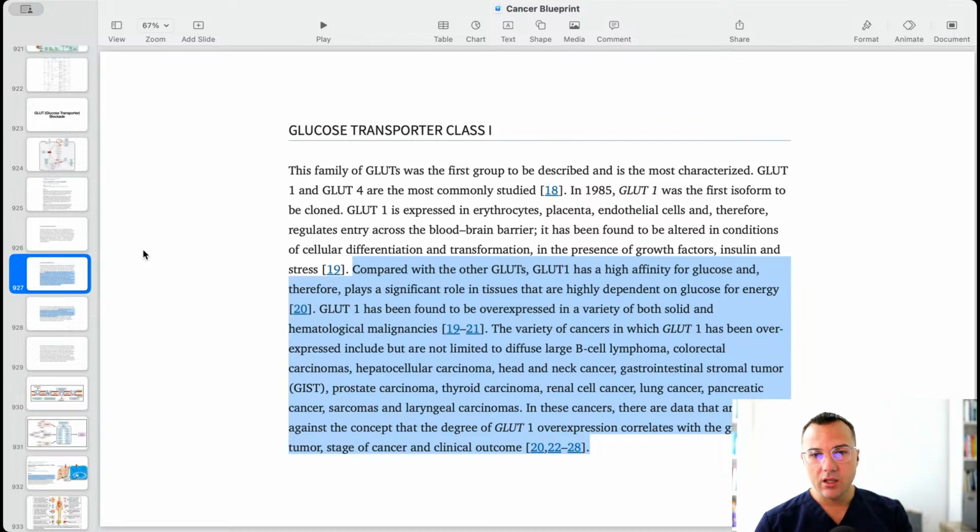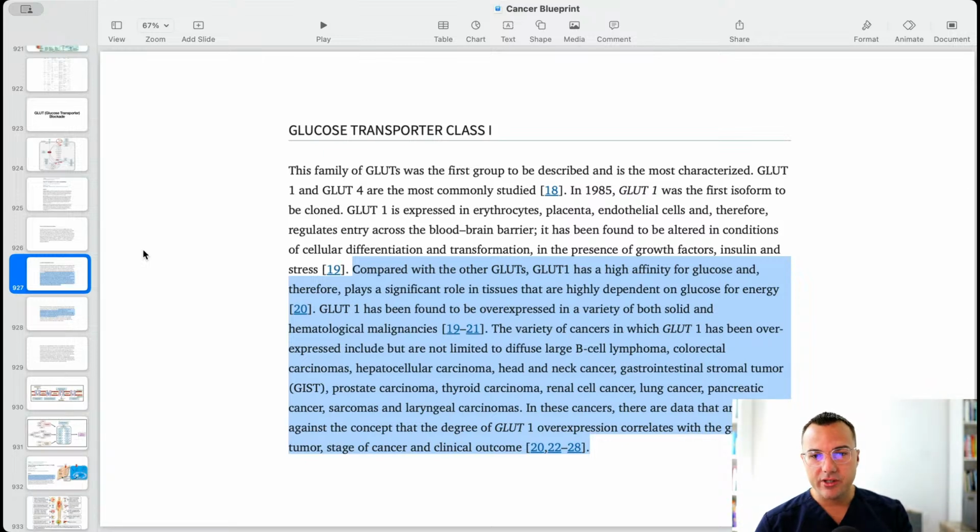The variety of cancers in which GLUT1 has been overexpressed include, but are not limited to, large B-cell lymphoma, colorectal carcinomas, hepatocellular carcinomas, head and neck cancer, gastrointestinal stromal tumor, GIST, prostate carcinoma, thyroid carcinoma, renal cell carcinoma, lung cancer, pancreatic cancer, sarcomas, and laryngeal carcinomas.